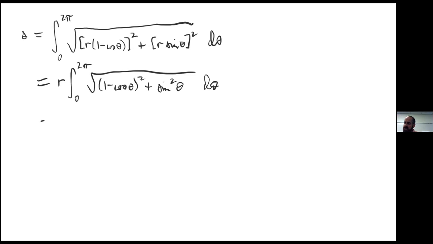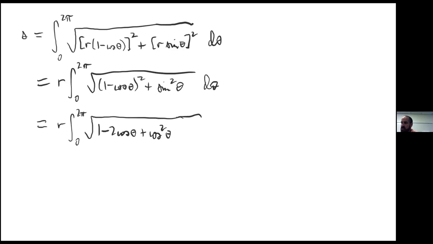Now let's just expand this out. You get r integral from 0 to 2 pi, square root. This is going to be 1 minus 2 cosine of theta plus cosine squared of theta. I just expanded out that 1 minus cosine theta quantity squared plus sine squared of theta d theta. But what's cosine squared plus sine squared?